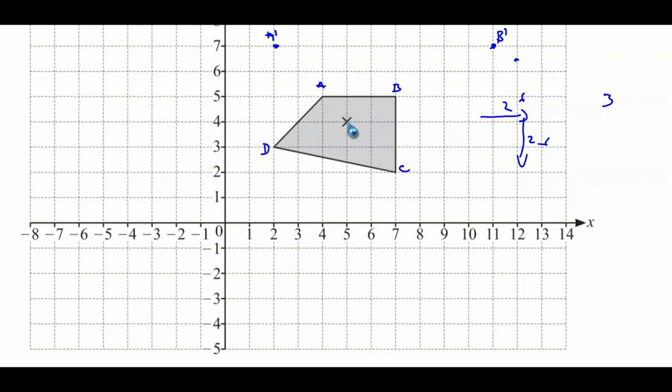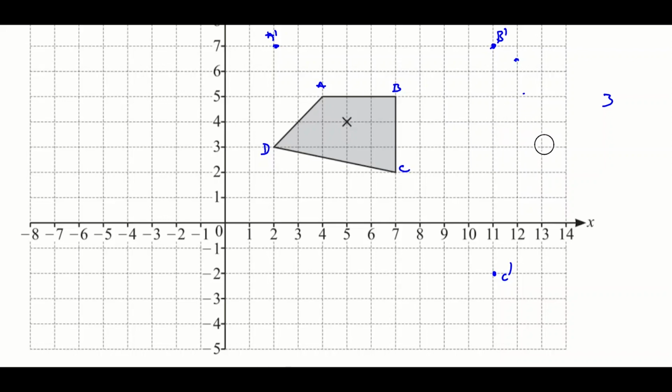So from that center of enlargement, let's count 6. 1, 2, 3, 4, 5, 6. Then let's count 6 downward. 1, 2, 3, 4, 5, 6. So the point will be here. So this will be C prime. So you can cross check again. 1, 2, 3, 4, 5, 6. 1, 2, 3, 4, 5, 6. Okay, so I can remove this again.